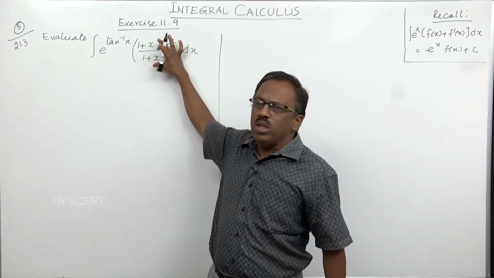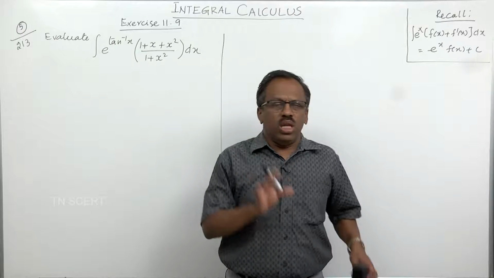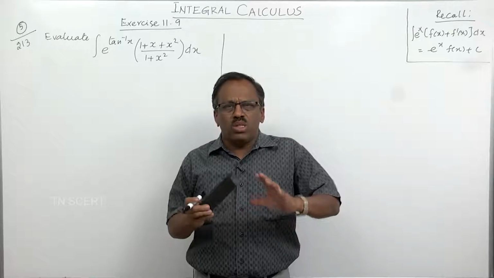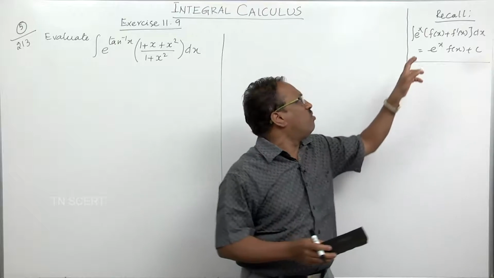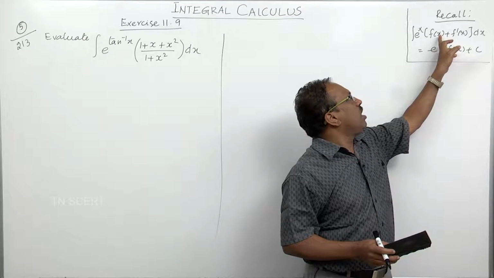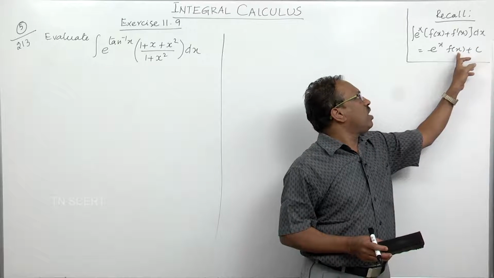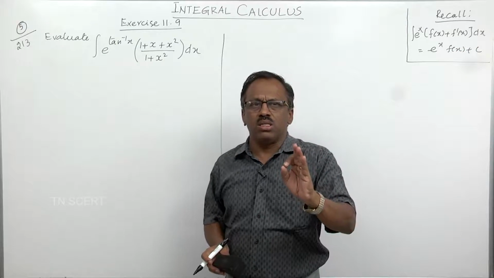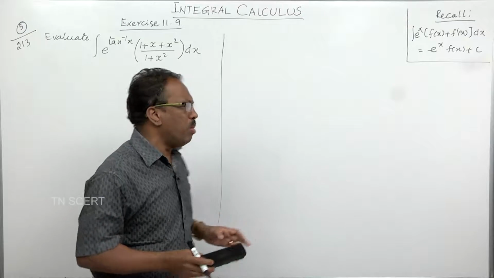So we have to solve this problem by some method. Here we are going to apply the formula: integral of e power x, [f of x plus f dash of x] dx equals e power x f of x plus c. This formula helps you to solve the problem in a simple manner.